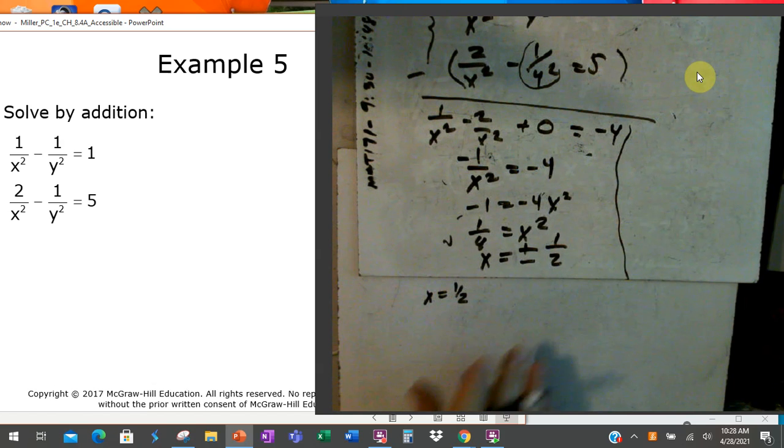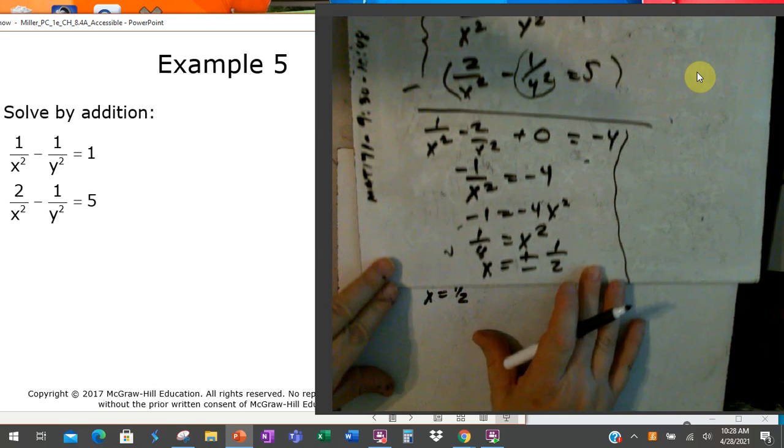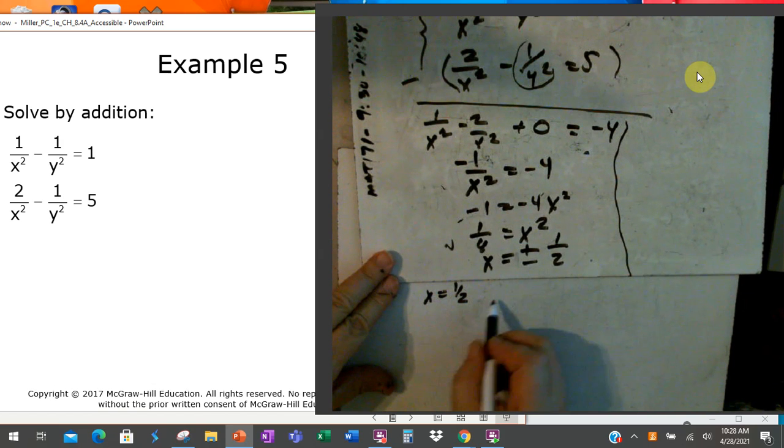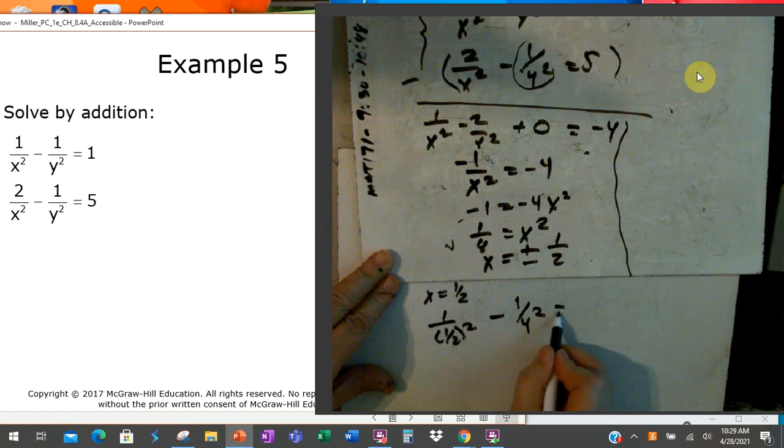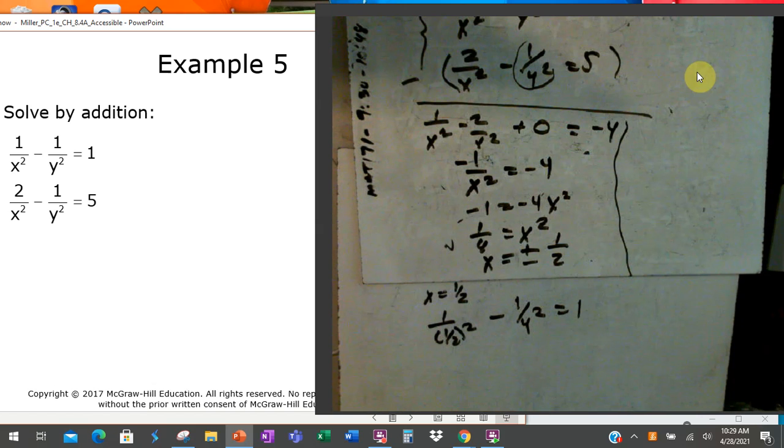Okay. And then I'm going to say 1 over 1/2 squared minus 1 over y squared is equal to 1. I can do either problem. This is 1 divided by 1/4. And then 1 divided by 1/4, I invert and multiply.